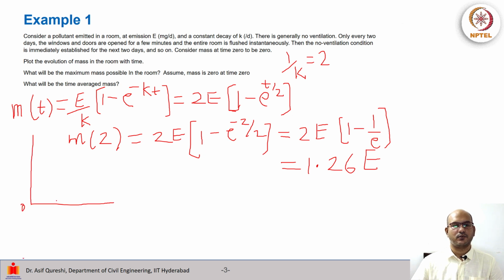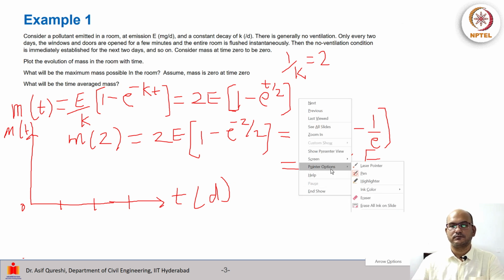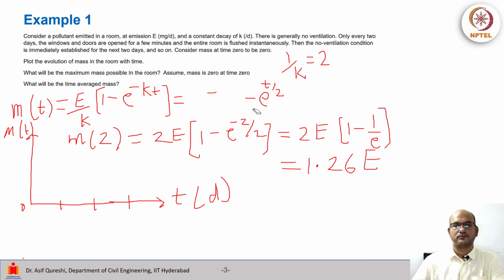Start at time 0, then time 2, 4, t in days, and we have M at t here. So now let us see how the mass will evolve over time.